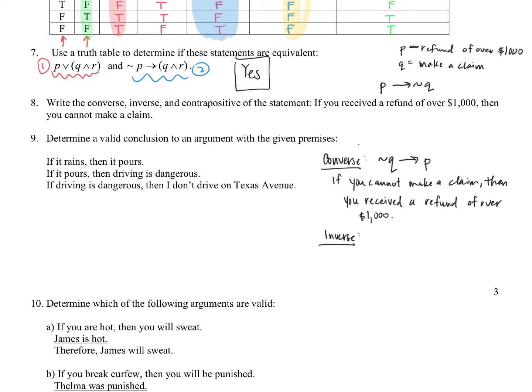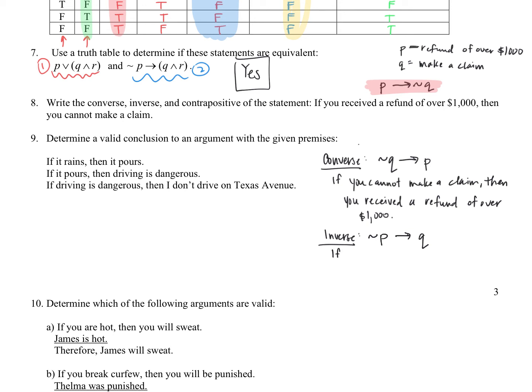The inverse is changing the truth value of each part. So let me highlight the original here. Here's your original, right? So we want to change the truth value of those. So now we're going to have not P implies Q. So the order from the original is staying the same, but we're changing the truth value, which means we're changing if it is a positive or negative thing.